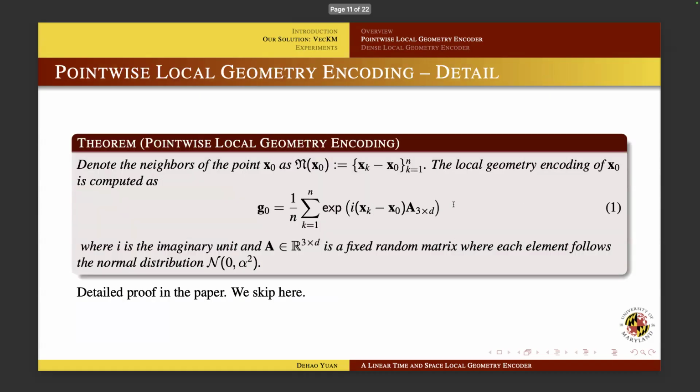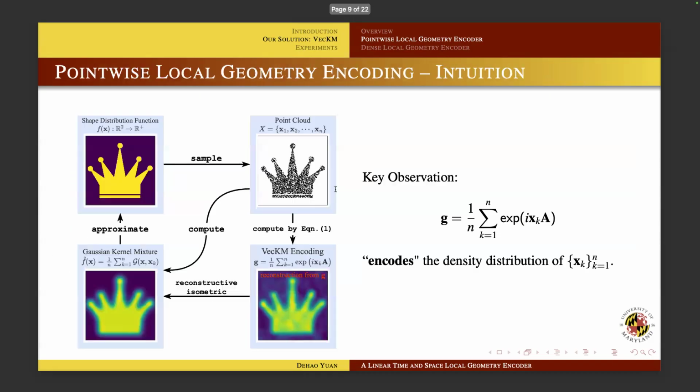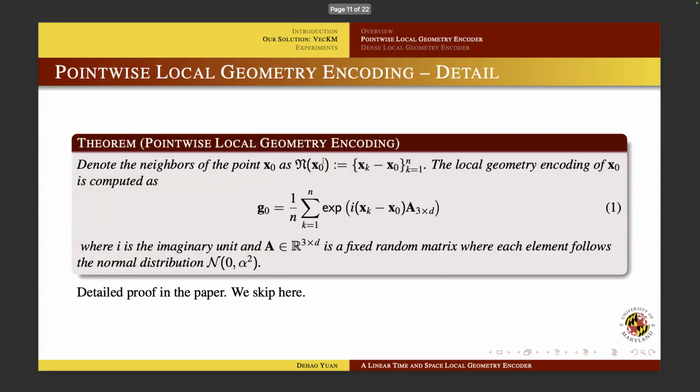Here is the intuition, and if we write it into a formula, it means that suppose the local neighborhood of x0 is xk minus x0, then the local geometry encoding can be represented by this formula. I just basically replace this with this.